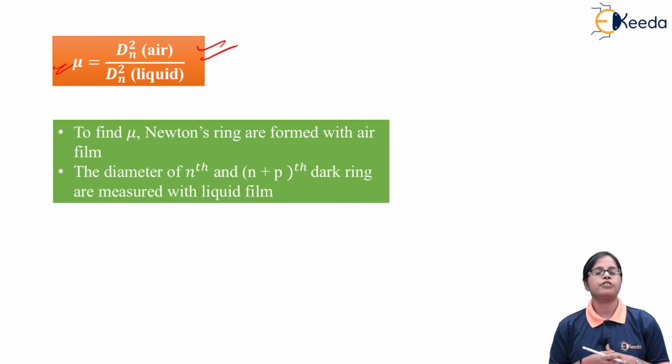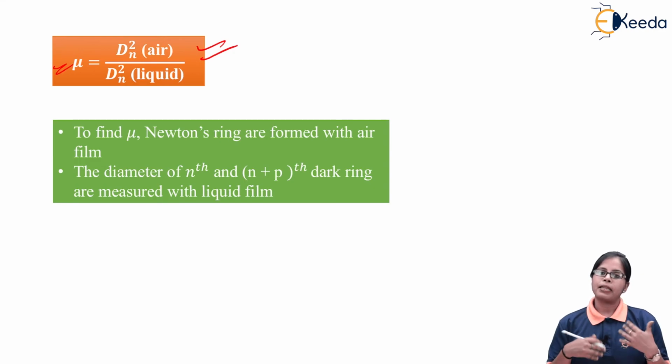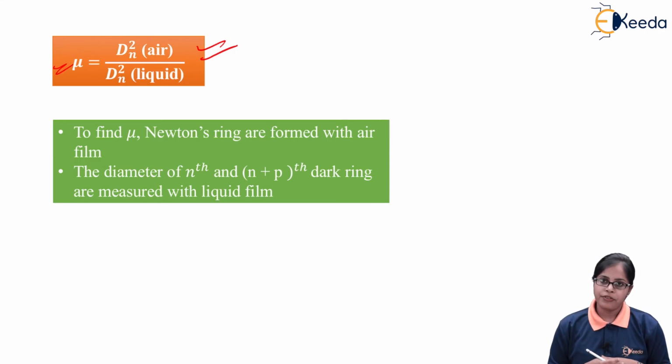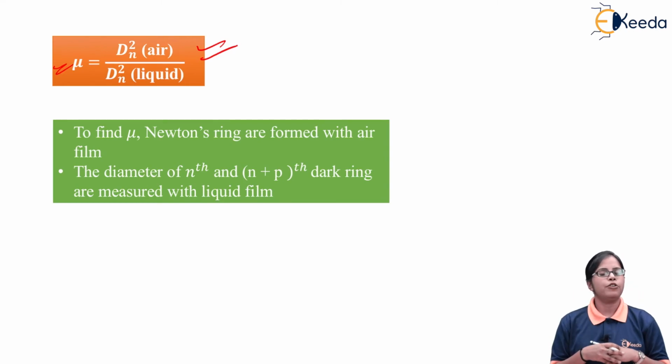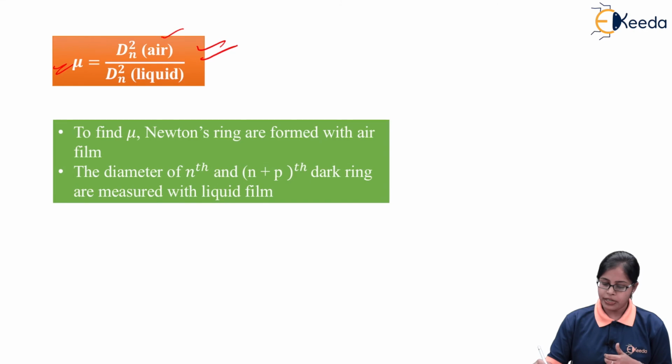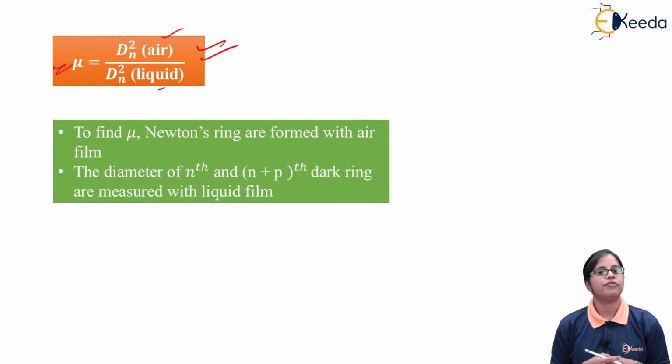So there are different formulas for obtaining the refractive index of the liquid film which is inserted between the gap of the plano-convex lens and the plain glass plate. If we are aware of the diameters, we can calculate the refractive index of the liquid film.